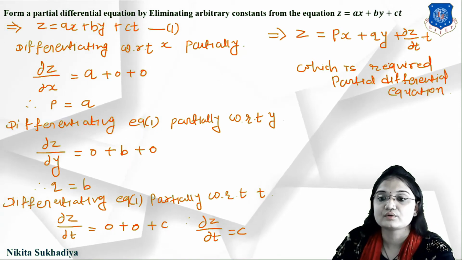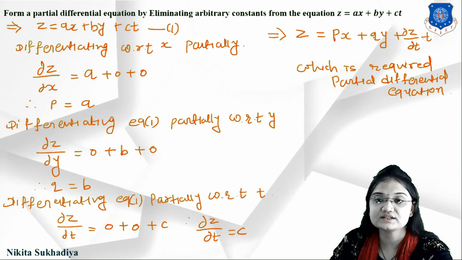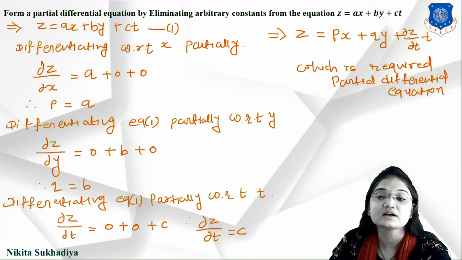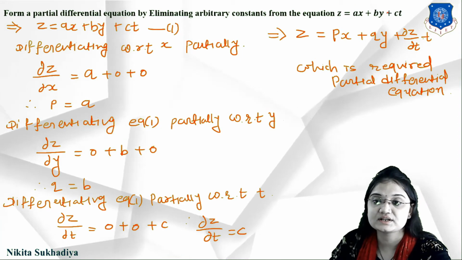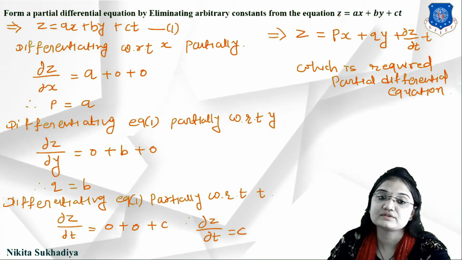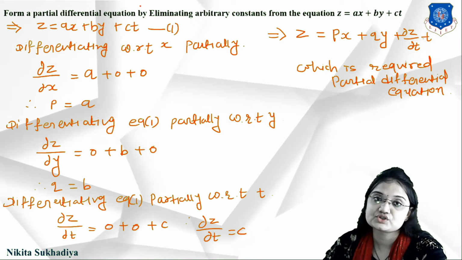Where p is equal to del z by del x, q is equal to del z by del y, and here you can clearly see that we have eliminated a, b, c, the arbitrary constants, from this equation, and we formed the partial differential equation.